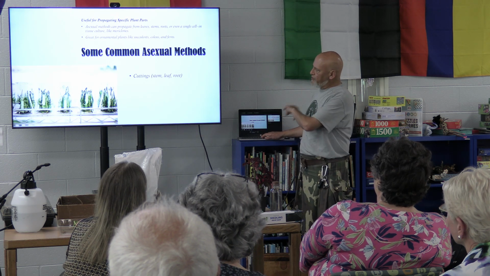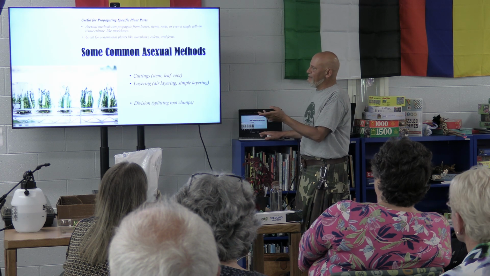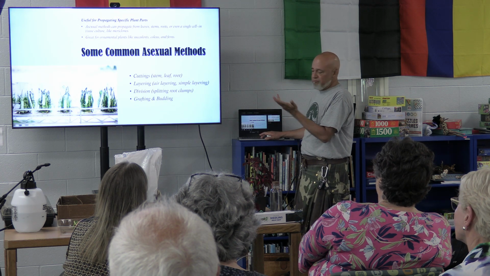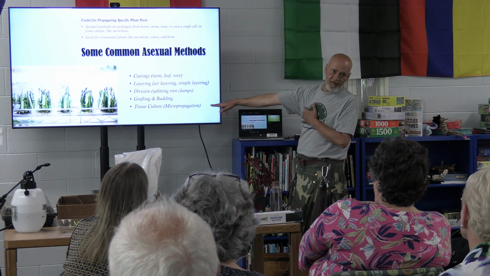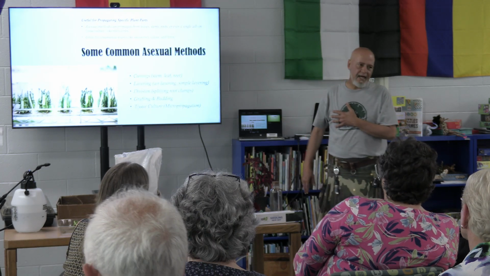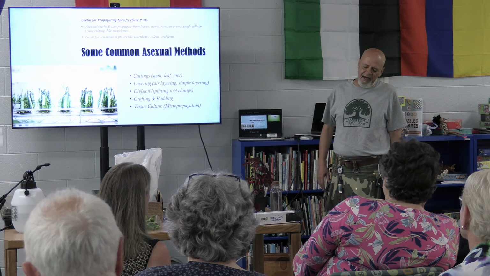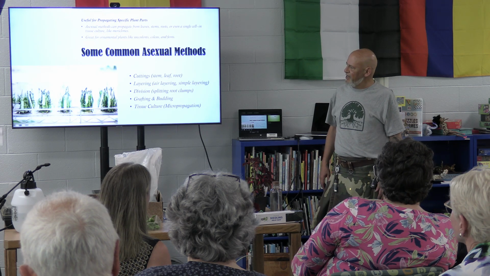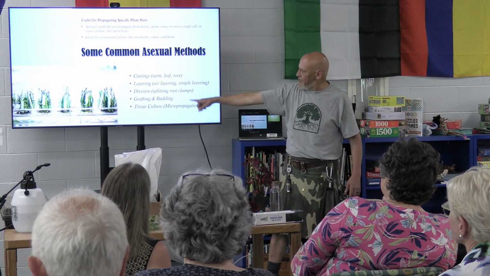So asexual methods, we're going to talk about cuttings, stem, leaf, and root, air layering, division, which is simply splitting clumps, grafting and budding, and tissue culture, which I'm basically just going to mention. It's nothing that I can really do. You really need a sterile environment and a laboratory and a lot of degrees. But that's what that picture is. It's flasks of little baby plants.